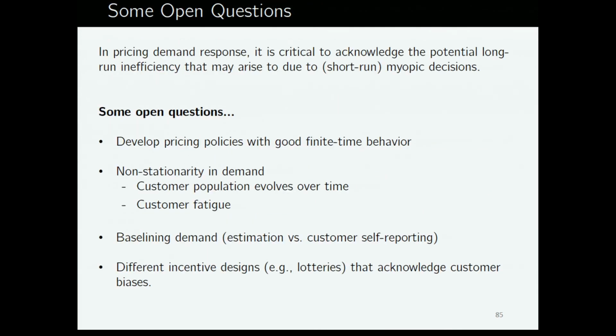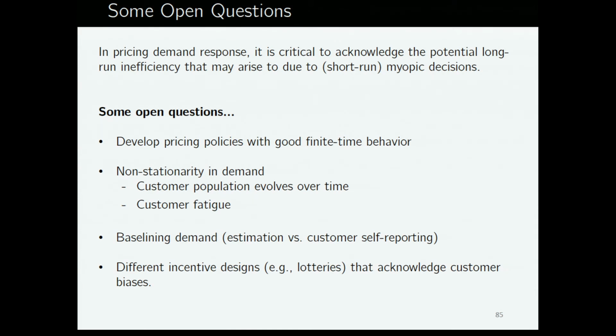Okay, so there are some interesting open questions. One is, here the metric we've used gives you a good notion of asymptotic performance. But in practice, these programs will run over finite time. So it'd be interesting to look at policies which have provable finite time behavior. Second, we've also assumed that demand is, in some sense, stationary. In practice, the customer population may evolve over time.